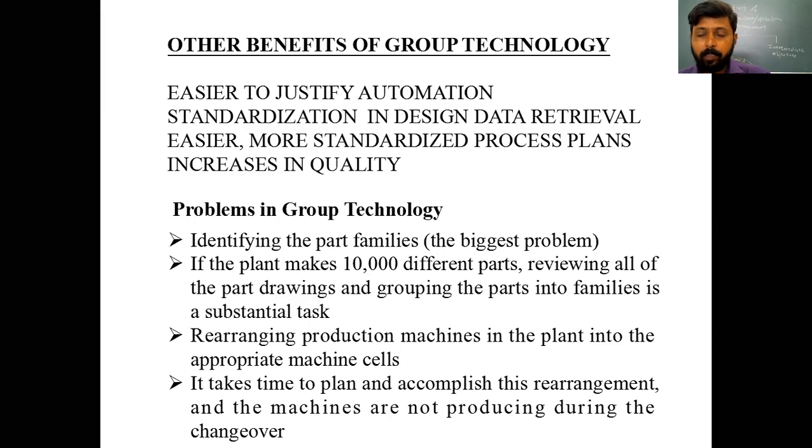So if you want to apply automation in your industry or on your shop floor, you can use this group technology technique. Then there is standardization in design data retrieval.